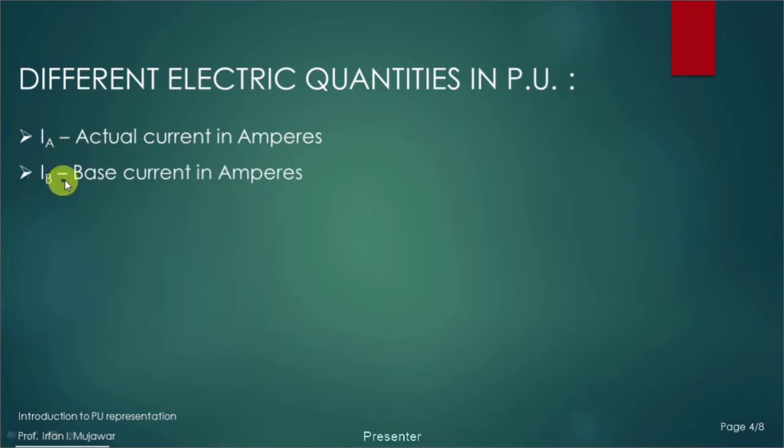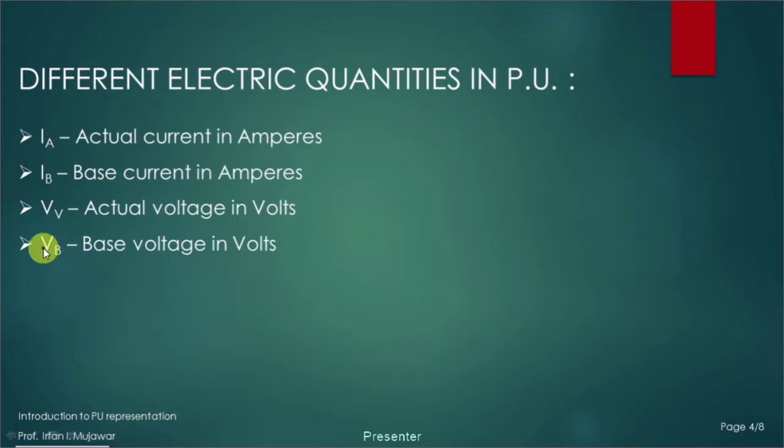IB is base current in amperes. VA is actual voltage in volts. VB is the base voltage in volts. ZA is actual impedance in ohm.